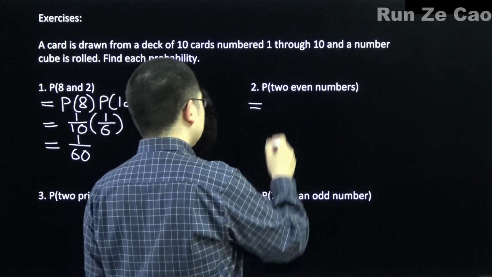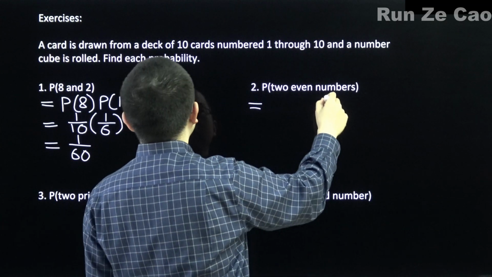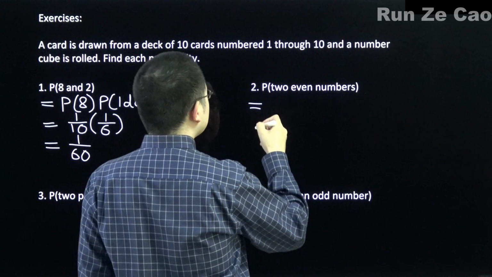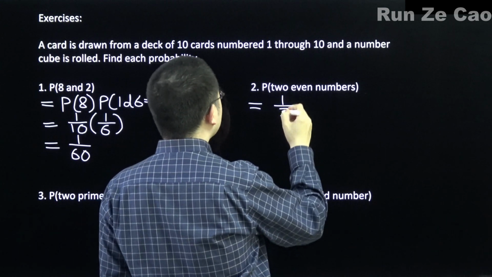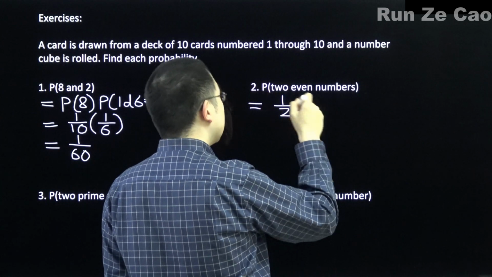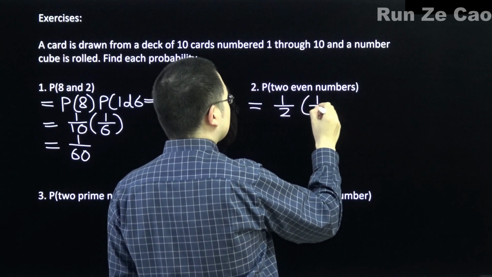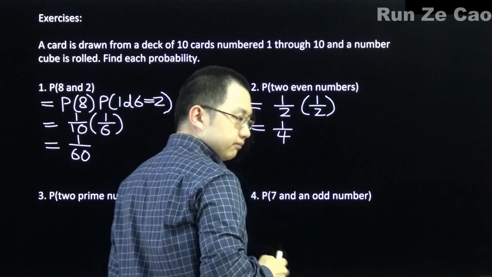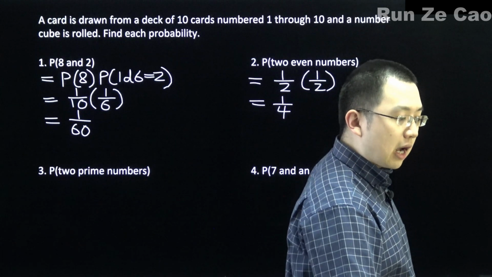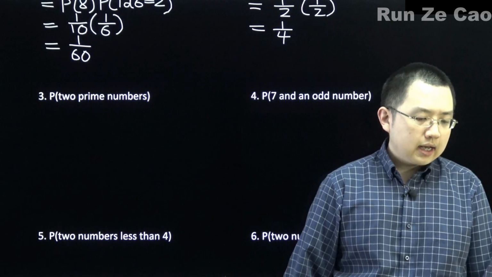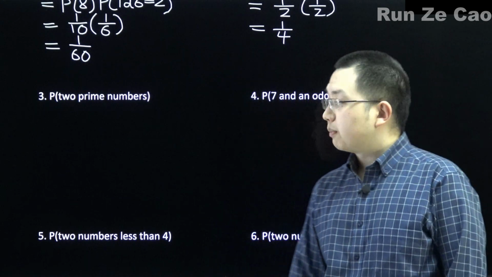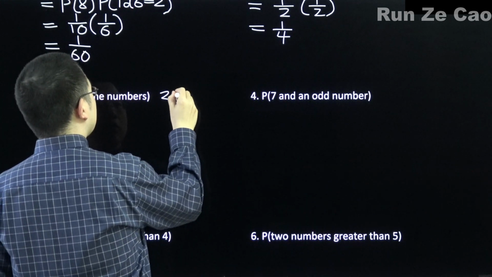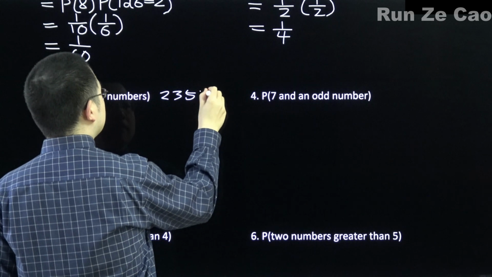Probability of two even numbers would be P(even card) multiplied by P(1d6 equals even). In this case, it's just 1/2, or specifically 5/10, multiplied by 3/6, or 1/2. So we're looking at 1/4. Now, if we have two prime numbers, what are the prime numbers between 1 and 10? Oh, we have 2, 3, 5, 7.